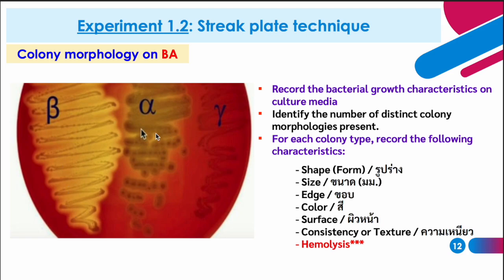If it's alpha, it means that these bacteria can hemolyze or lyse the red blood cells, but incompletely, so it has a little bit of green color. The gamma one means that bacteria cannot lyse the red blood cells, so it stays the same, like the red color one.